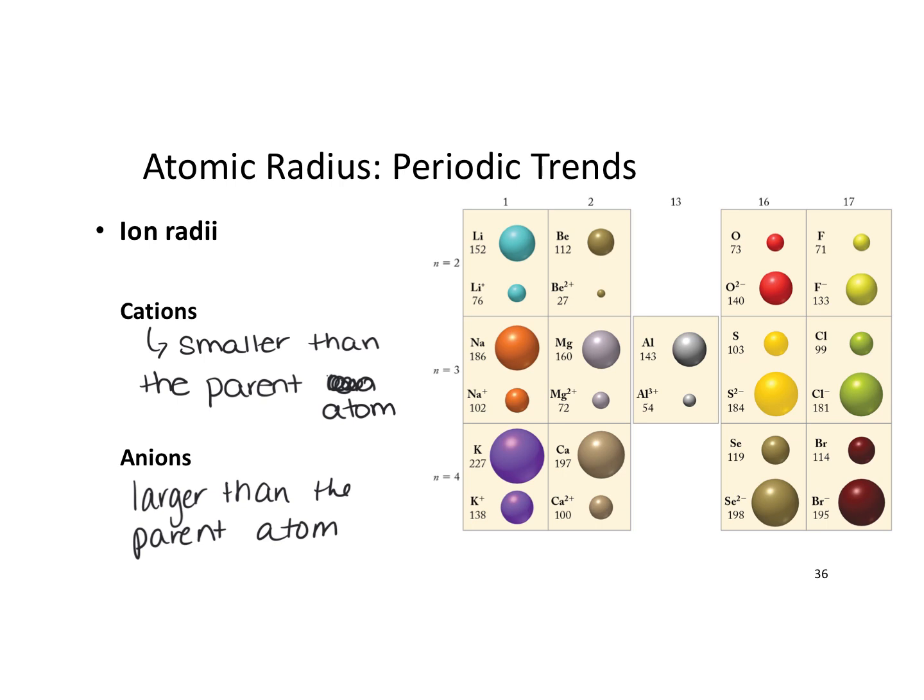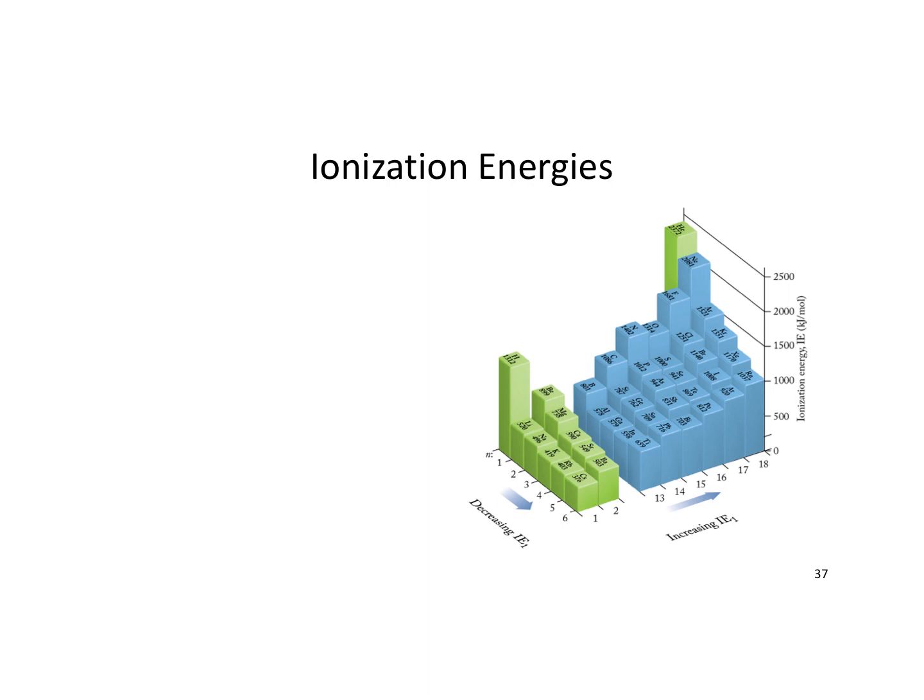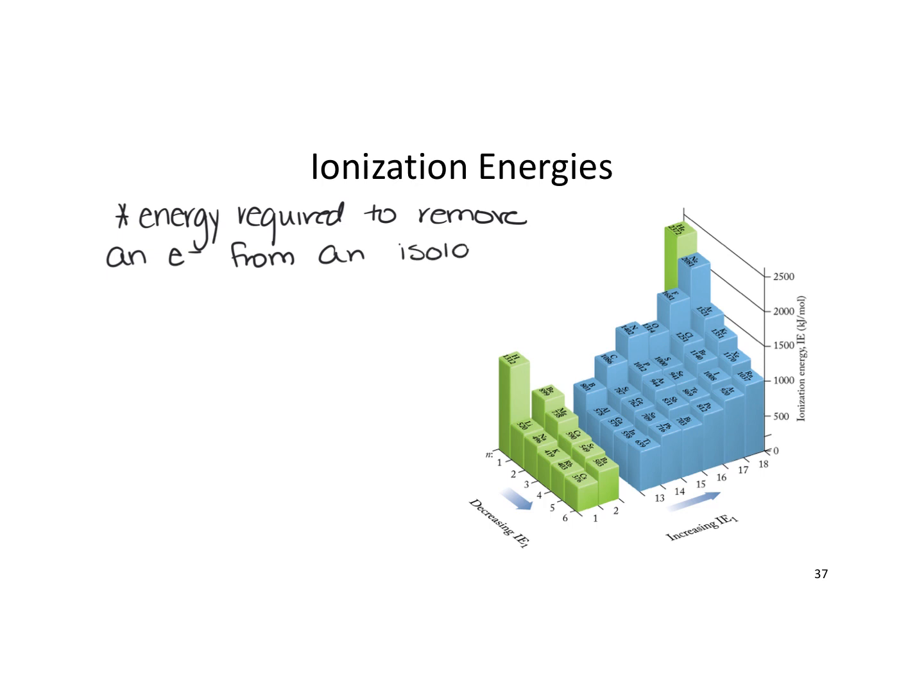Now, there are 2 other trends that we can observe and are talked about in this chapter. One is ionization energy. Ionization energy is the energy required to remove an electron from an isolated atom.